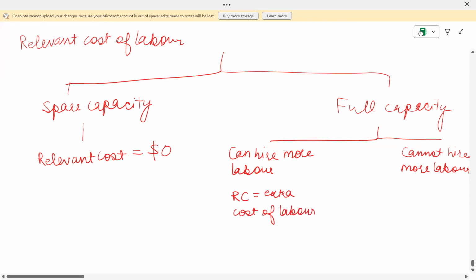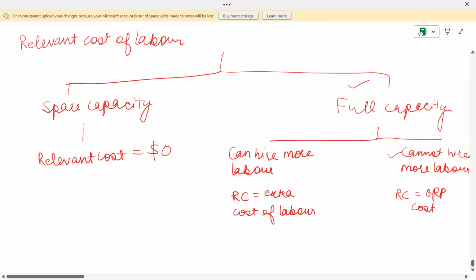Now, if I talk about a scenario where my labor is already at full capacity, they do not have any free time, and I cannot even hire more labor, my relevant cost here will be the opportunity cost. The capacity is already full and I cannot get more people, so the best thing I can do is divert my existing labor to this new contract.